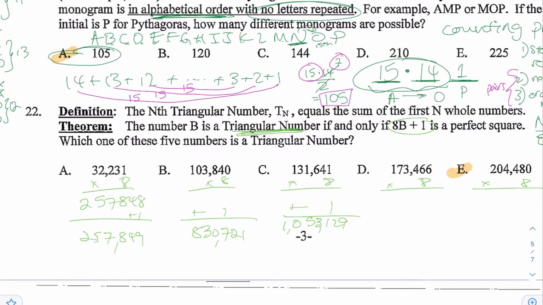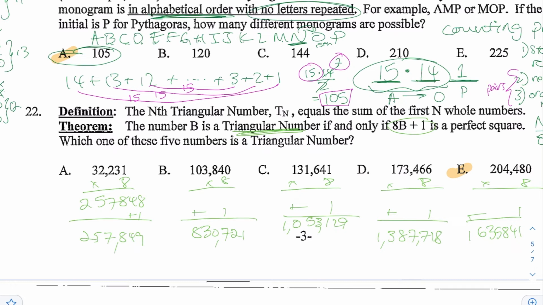For choice D, you have 173,466 times 8. And then you add 1, that's going to be 1,387,729. And finally for 204,480 times 8, and then add 1. That's going to be 1,635,841. So then you have to test all these numbers to see if they are perfect squares.